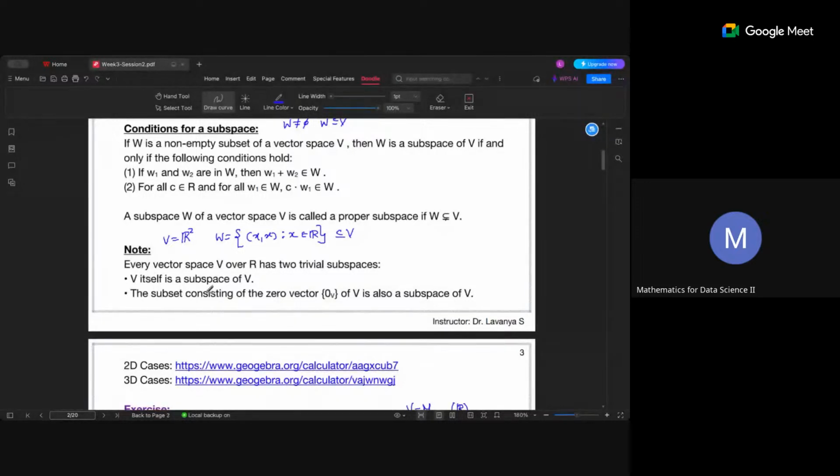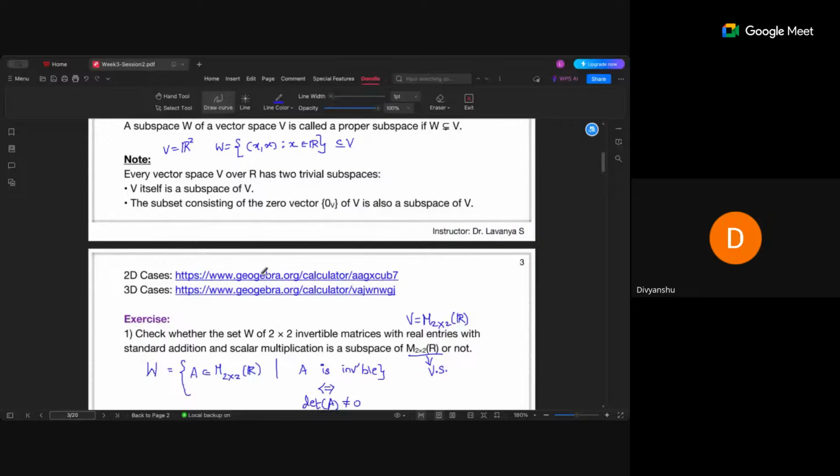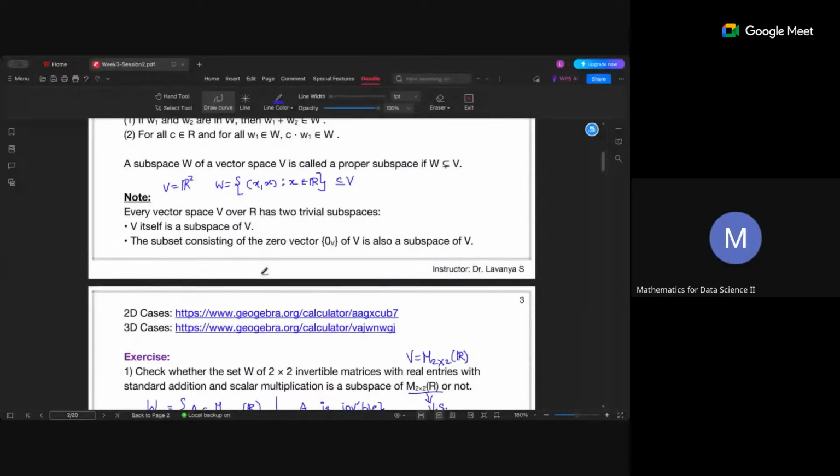Every vector space is also a subspace, right? The whole vector space already satisfies closure under vector addition and closure under scalar multiplication. So those are the conditions required for a subspace. So there is nothing to check for a vector space itself to be a subspace, right? Yes.